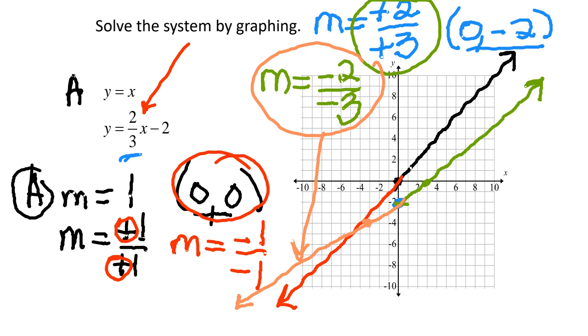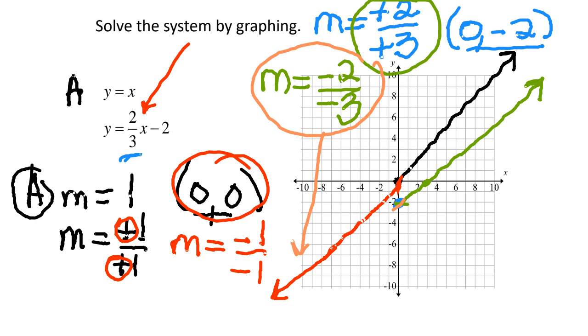I'm going to put the red one. That's the better, more accurate red one. And then this is the more accurate orange one. Okay.